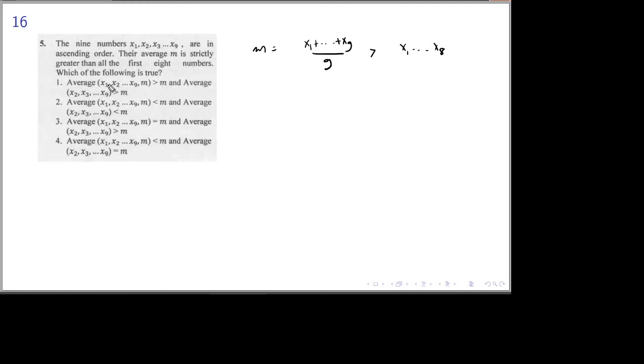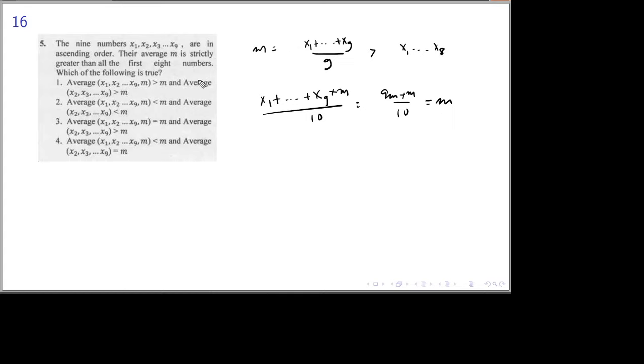So first you have to take average of x1 to x9 and also m. So what is the average of x1, x2, x9 and m? So take sum of them plus m and divided by the total. That's how much? This is 9m plus m by 10, so this is again m.